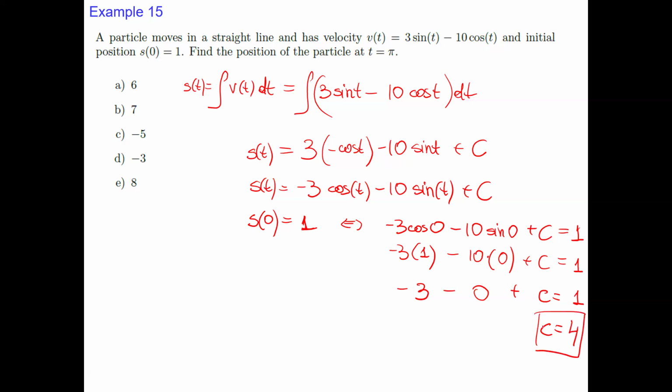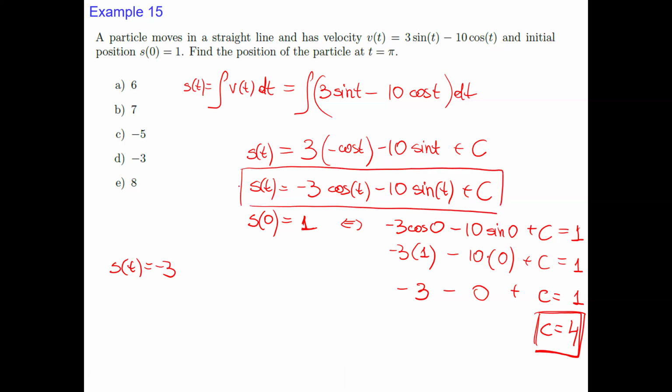Yes, we will be adding 3 to both sides. That means the position function now, because this was the most general antiderivative and now we know the constant, is negative 3 cosine of t minus 10 sine of t plus 4.